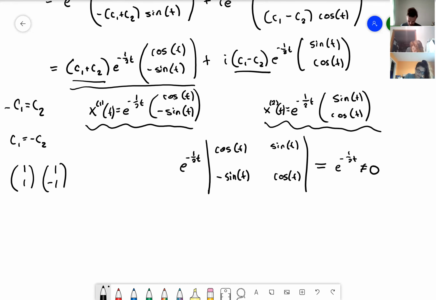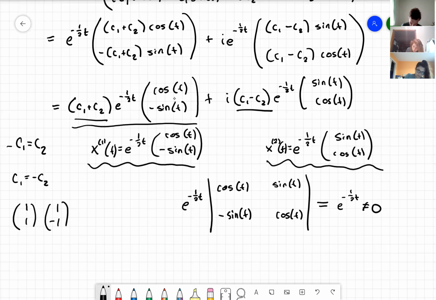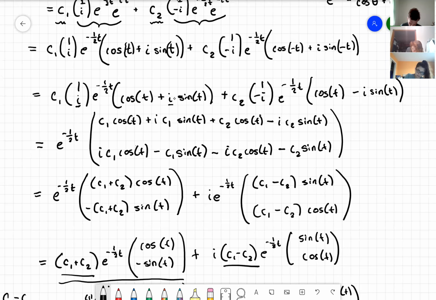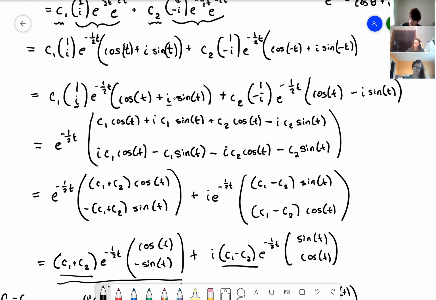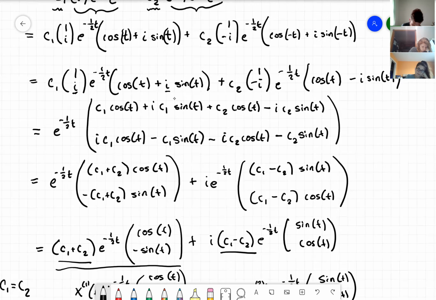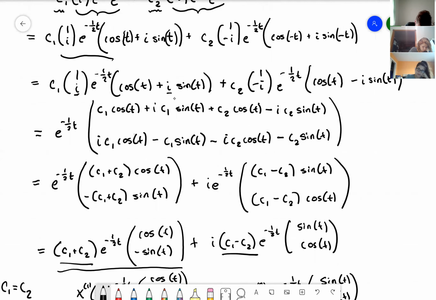Anyway, I went through all this work. What we ended up getting at the end is, if we had taken any one of our solutions, what we would have had was just the real and complex parts of it. So our first one was this.